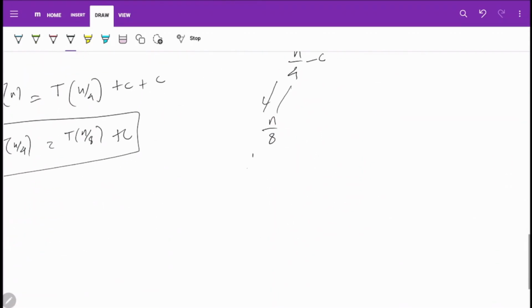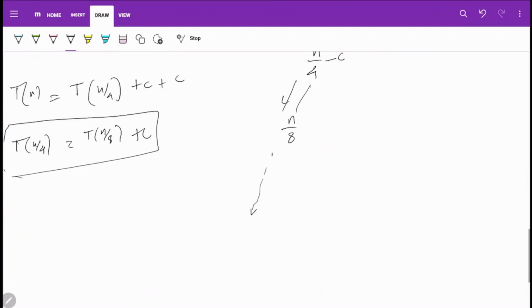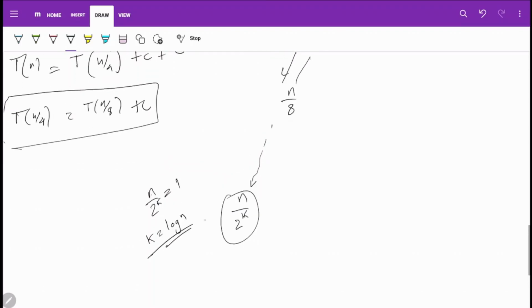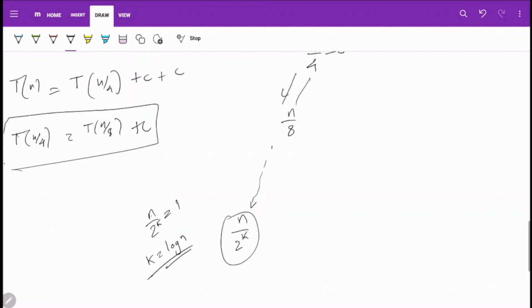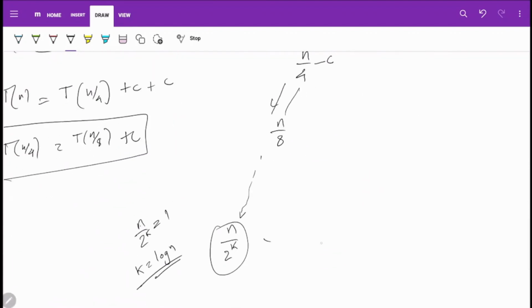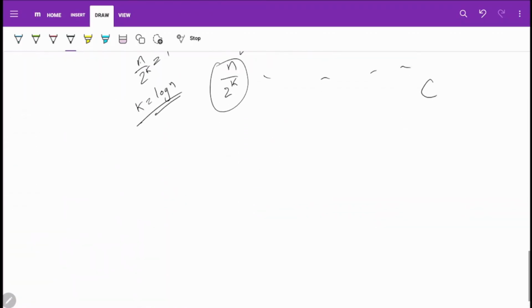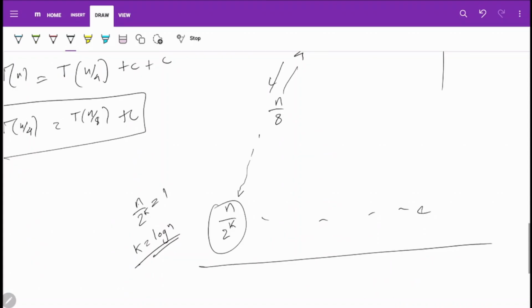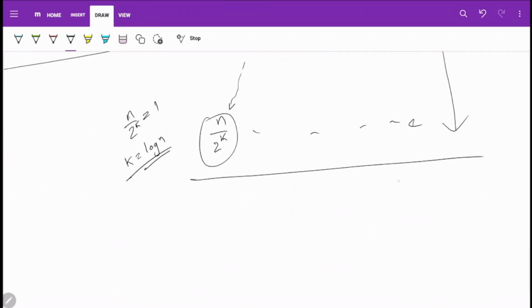So how many levels will I have? I will stop at n by 2 to the power k, and I will stop when this whole thing becomes 1. So n by 2 to the power k is equal to 1, so k is equal to log n. So I will have log n levels, and the cost at each level will be C. For finding the time complexity, if I sum it up, what will I get? kC.